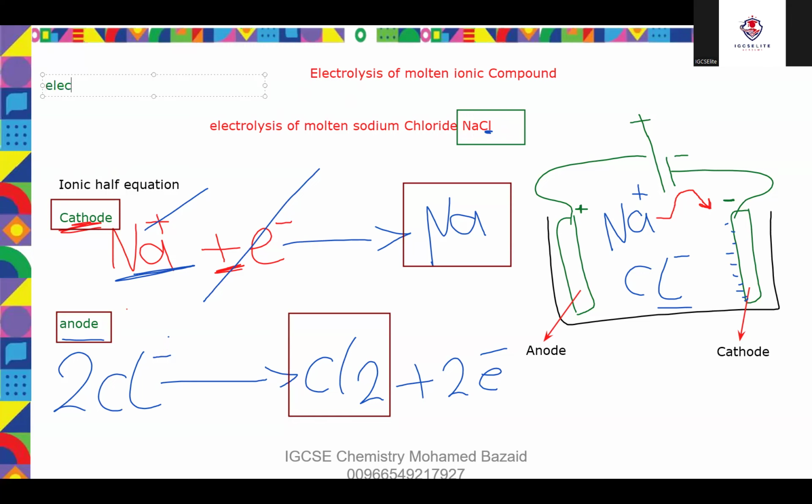I need electrolysis of molten KBr. The same idea I did in NaCl. So in NaCl, Na is positive, Cl negative; my question is KBr. So K will be positive and the Br will be negative, and they follow the same rules.